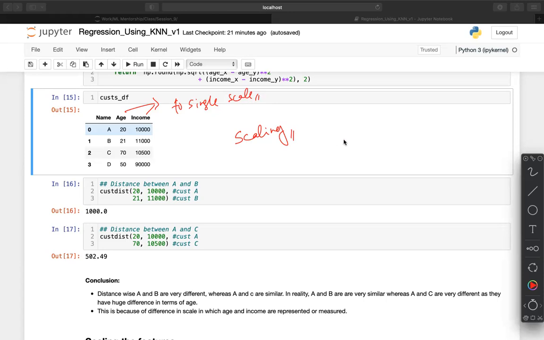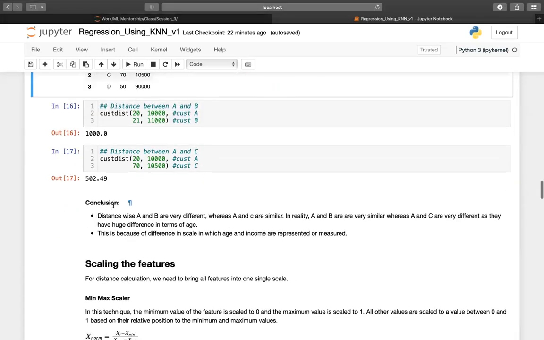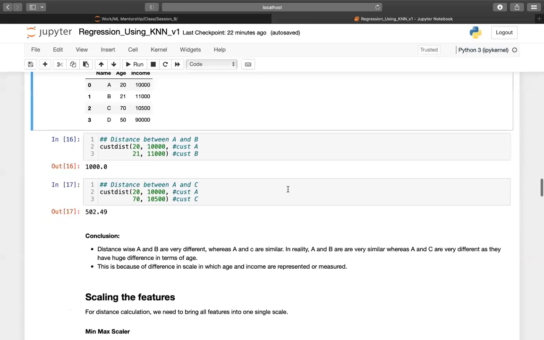Otherwise, the distance would always be overwhelmed by the features represented on a larger scale. So the conclusion here is that distance-wise A and B are very different, whereas A and C are similar. But in reality, A and B are similar compared to A and C.